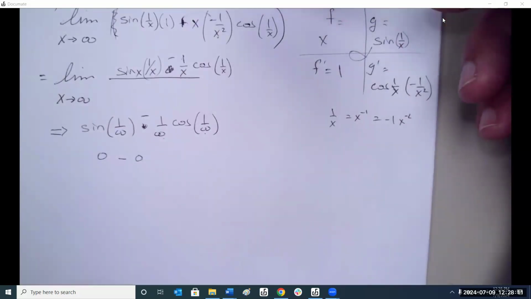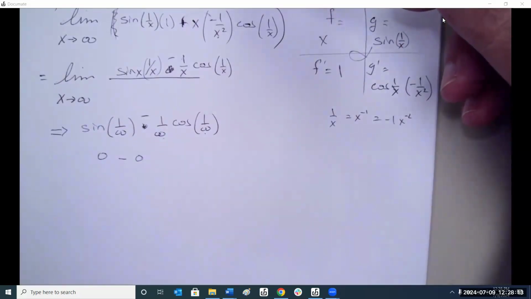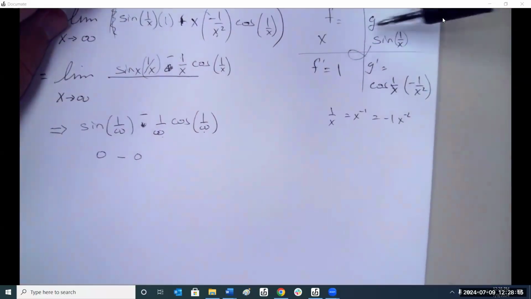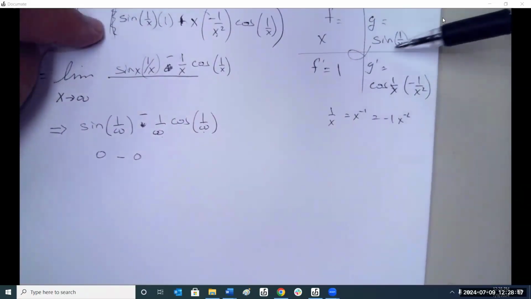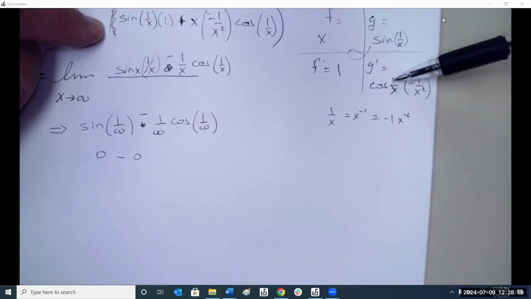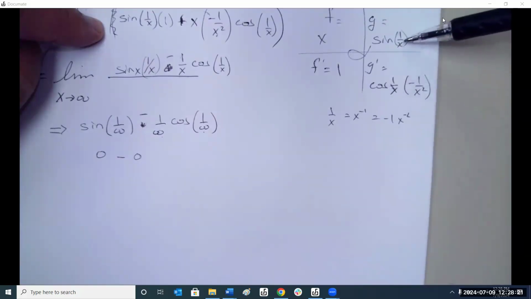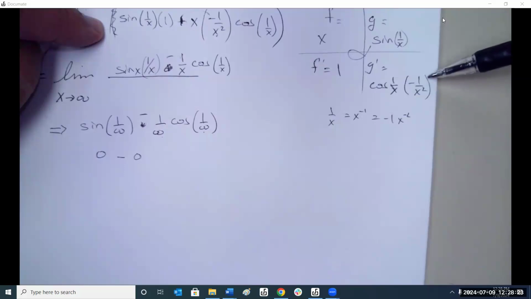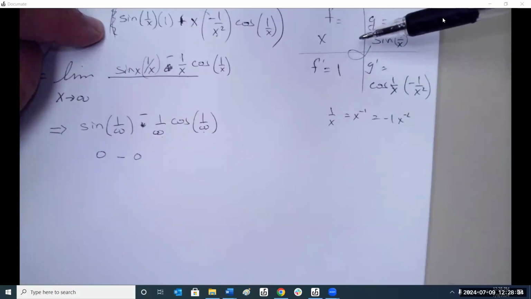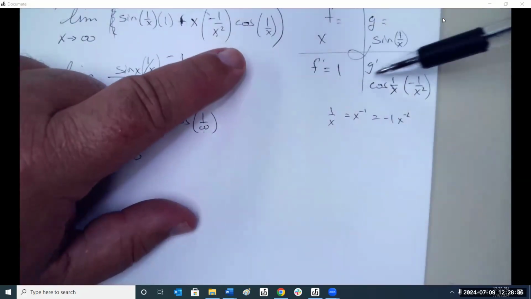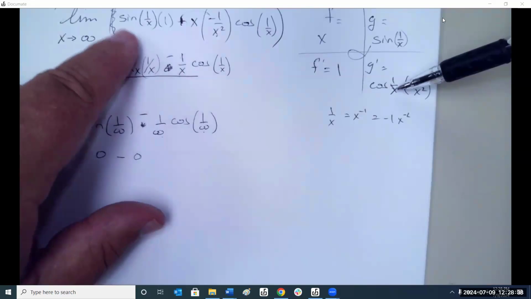Okay, hold it. x sine 1 over x. So the derivative is 1 times cosine 1 over x. The derivative of 1 over x is negative 1 over x squared. x times negative 1 over x squared times cosine.